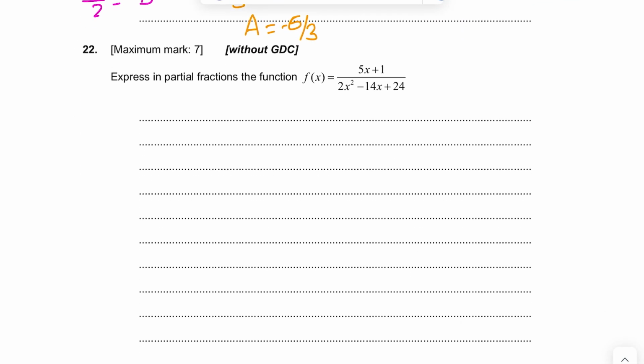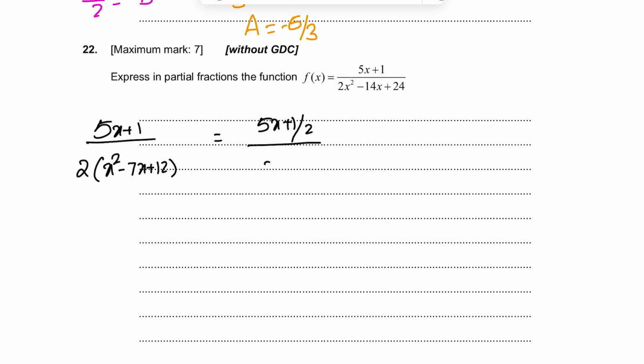Question number 22. Express this as partial fractions. So again, 5x plus 1 divided by 2 times x square minus 7x plus 12 means 5x plus 1 upon 2 divided by x minus 3 times x minus 4 equals a upon x minus 3 plus b upon x minus 4.